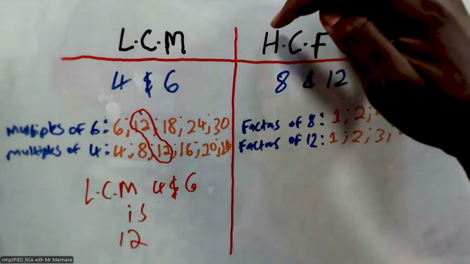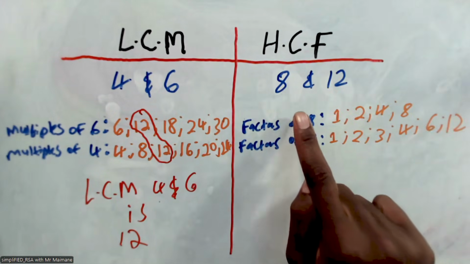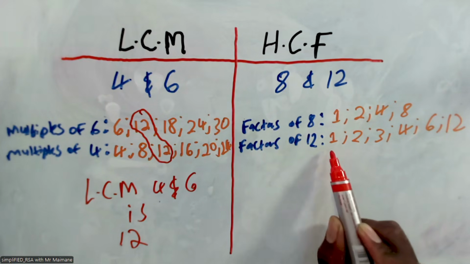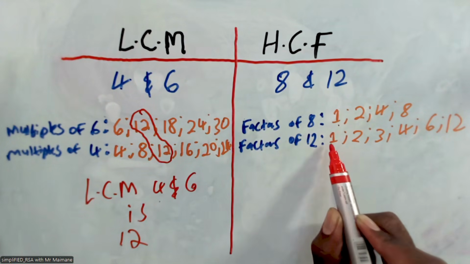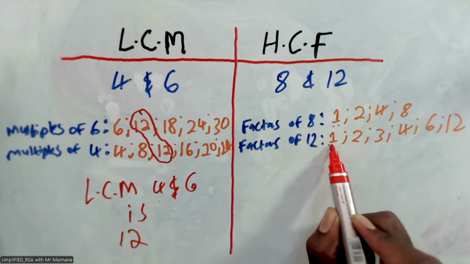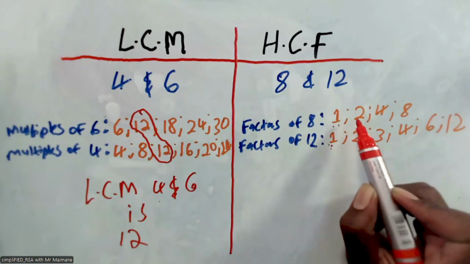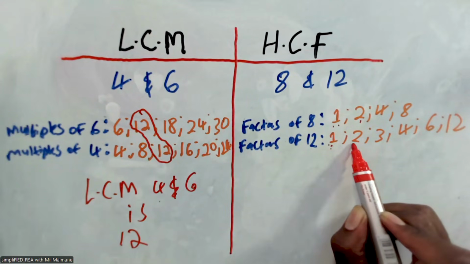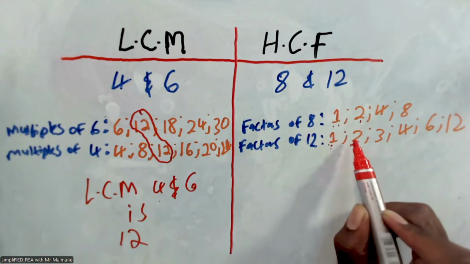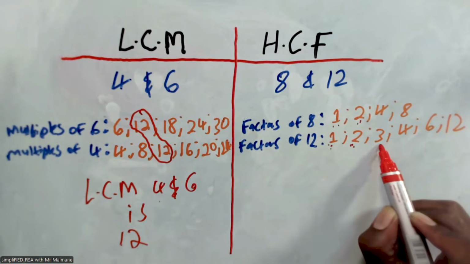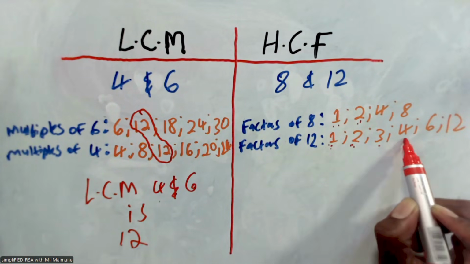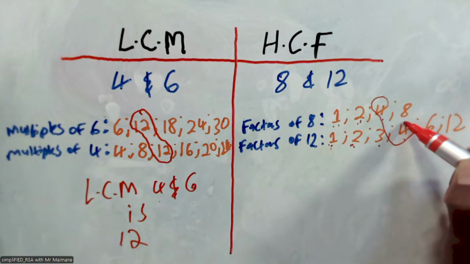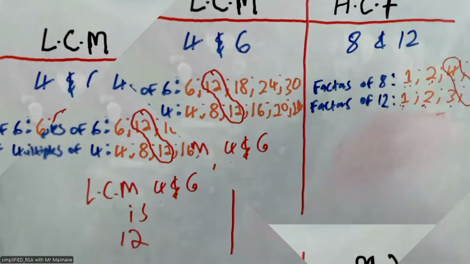But here we are looking for the highest common factor between 8 and 12. Now look at this. 1 is a common factor between 8 and 12, but it is not the highest. 2 is also a common factor between 8 and 12, but it is not the highest. 3 is not there on 8. 4 is the highest common factor between 8 and 12.